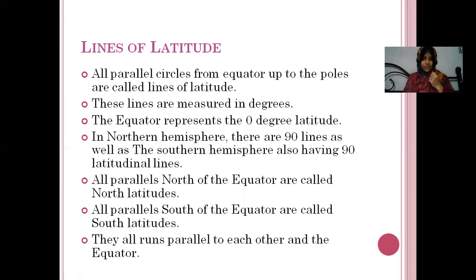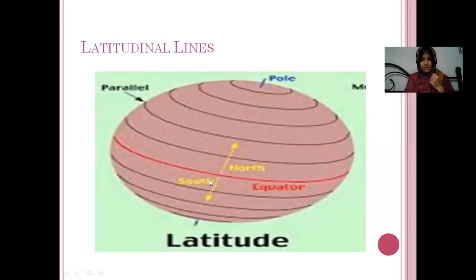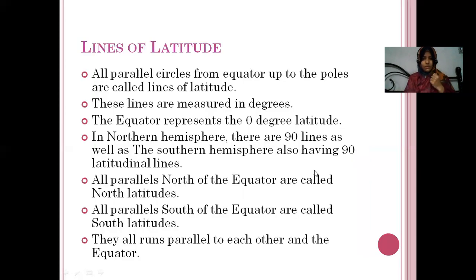These lines are measured in degrees. The equator represents the 0-degree latitude. See, this is the equator and it is at 0-degree latitude. In the northern hemisphere, there are 90 parallels of latitude, as well as the southern hemisphere also having 90 latitudinal lines.